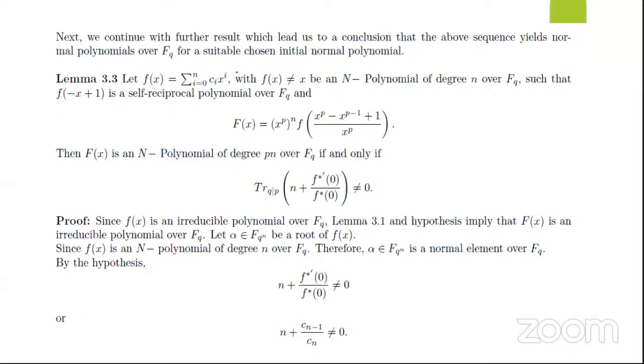Further, the next lemma is to prove that the polynomial which we have defined earlier is a normal polynomial if and only if this condition is satisfied. For this, we have a polynomial f of x, which in the statement is a normal polynomial.